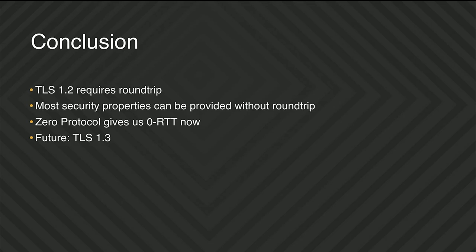Zero Protocol really gave us a useful way to experiment with Zero RTT, and the abstractions and the APIs that we built for Zero Protocol are equally as applicable to TLS 1.3. So when we roll out TLS 1.3, we don't have to rewrite our entire app to be able to roll it out.